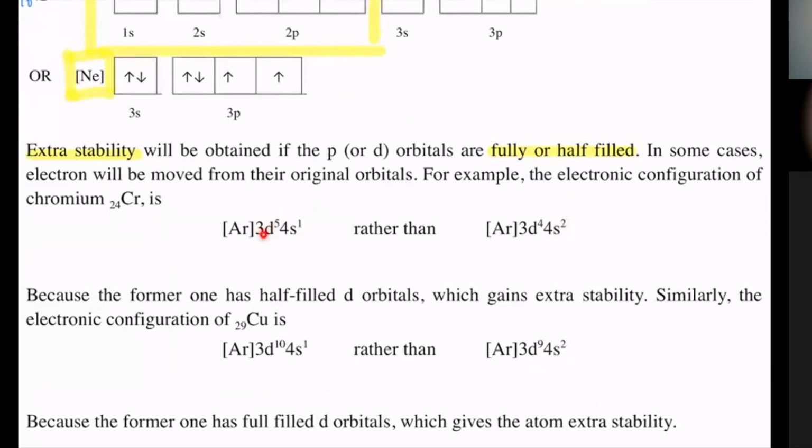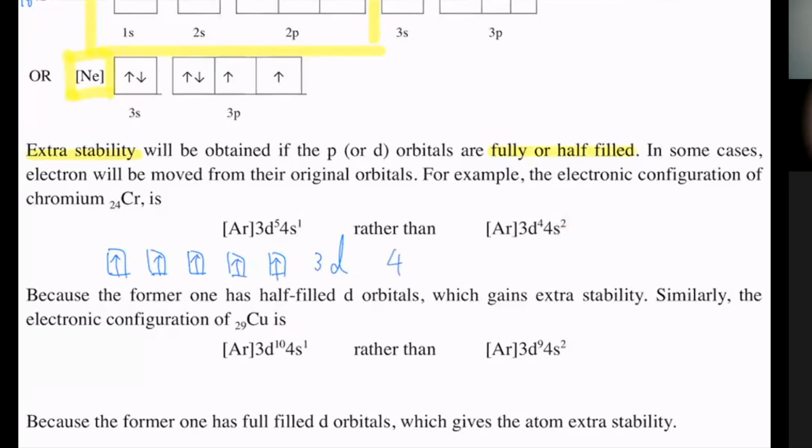So we now have each of them. All right, that's for 3d, now 5 electrons, so they all have 1 in it. So it's half filled. So it provides extra stability.